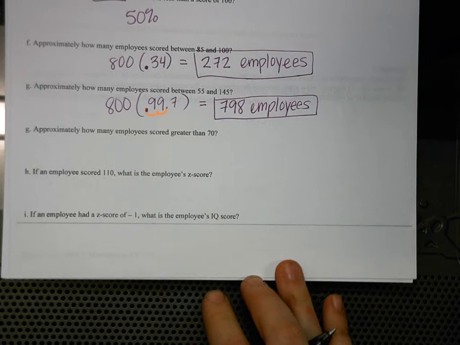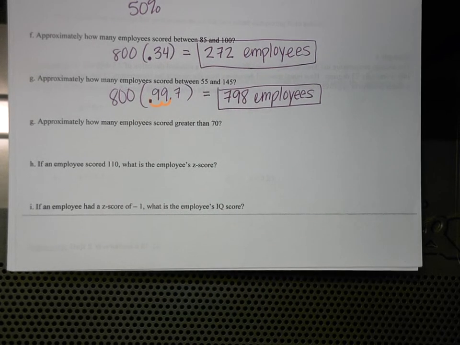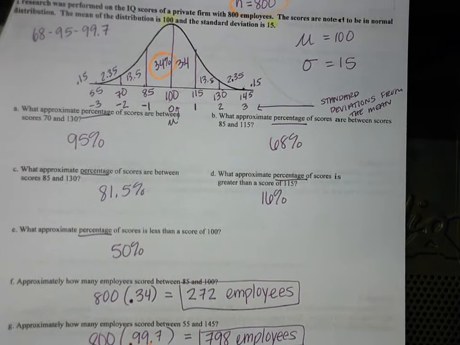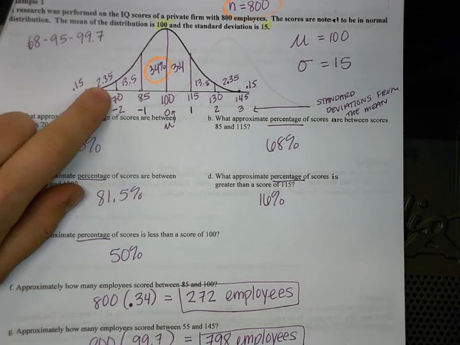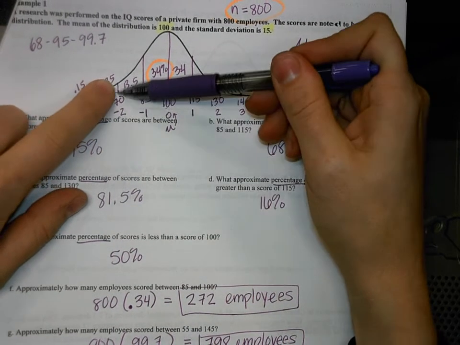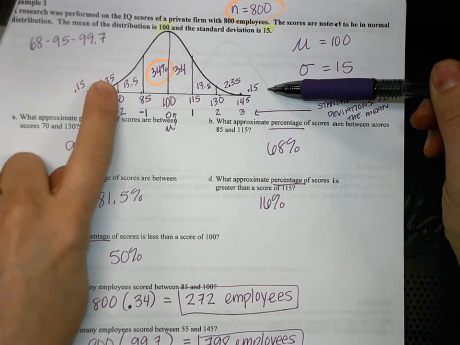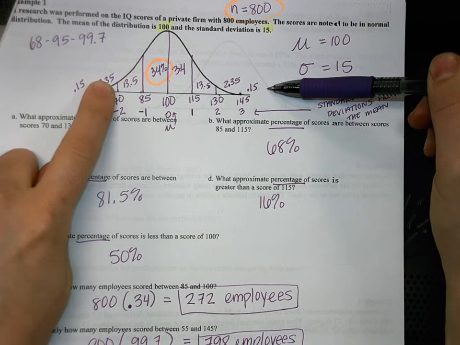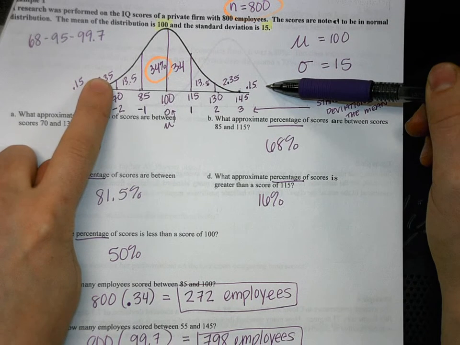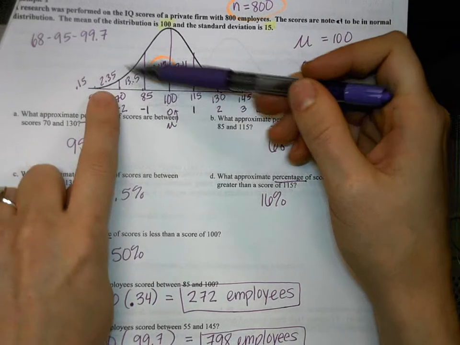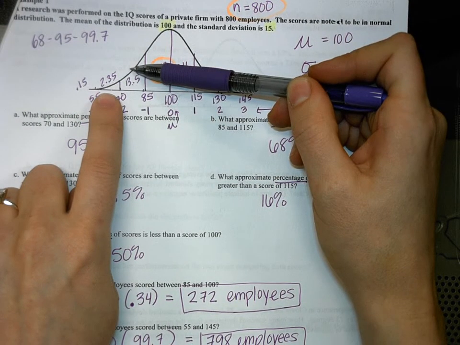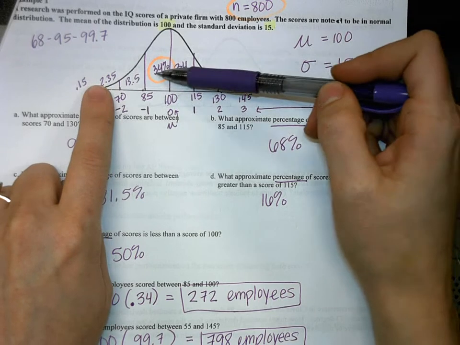All right. Approximately how many employees scored greater than 70? So the score of 70 is here, so how many people are above 70? Let's find all of these values. We have everything except for all this on the left.